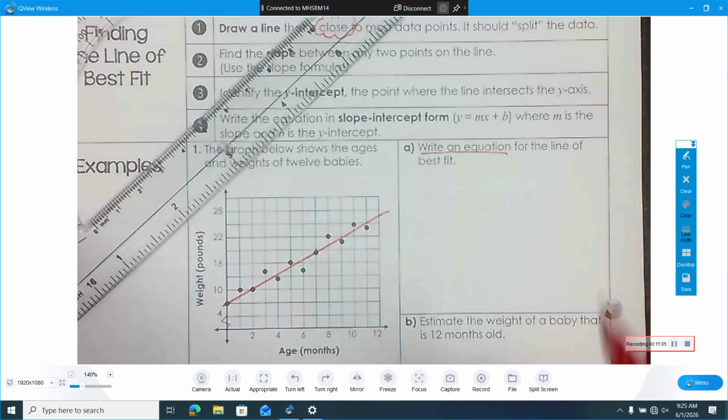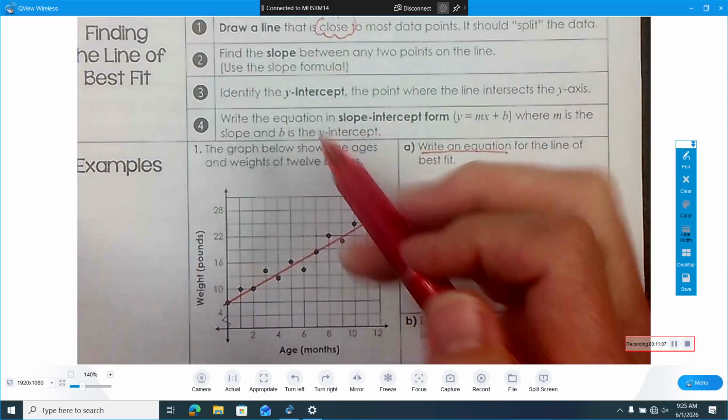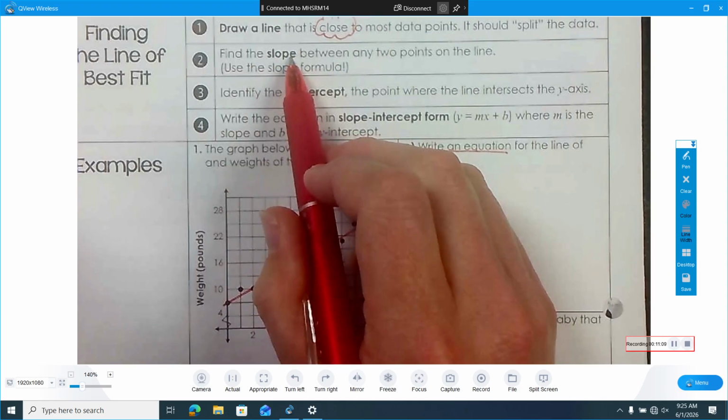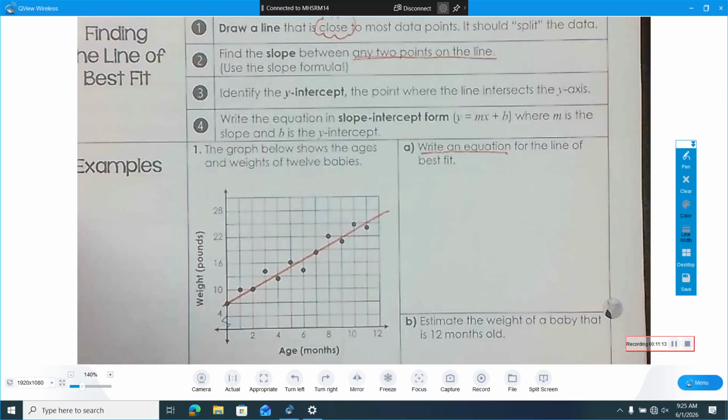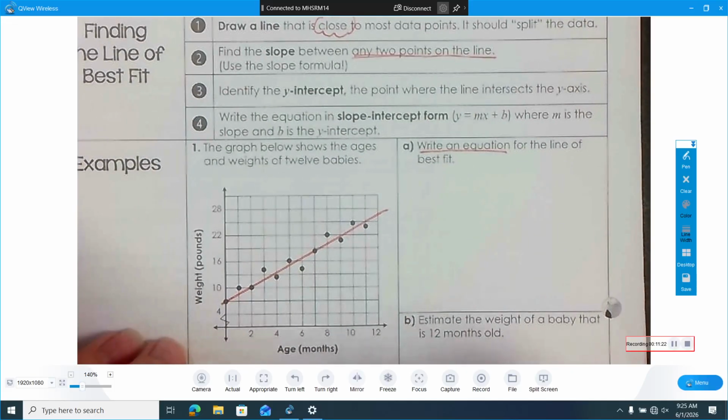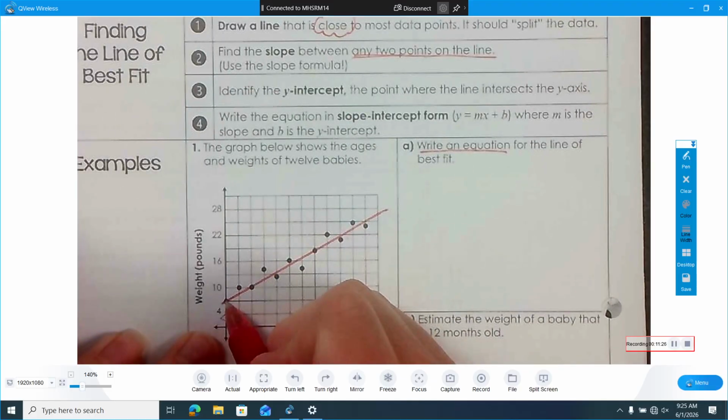Now, to write the equation, we want to find the slope between any 2 points on our line. Do they have to be data points, or are they just supposed to be on the line? Just on the line. And so, maybe, what is that point? 8.